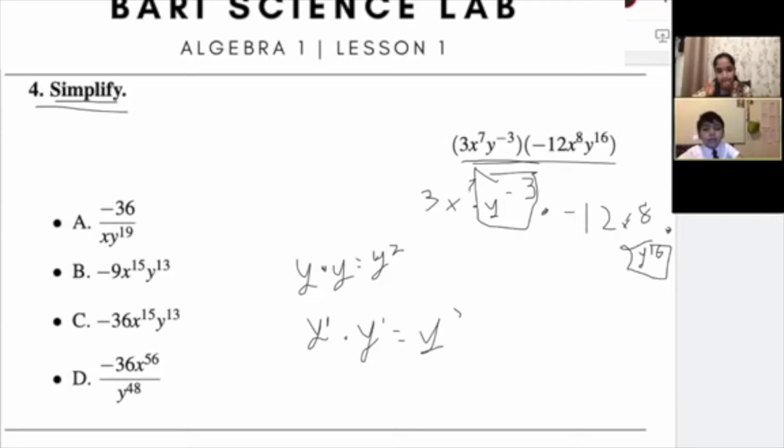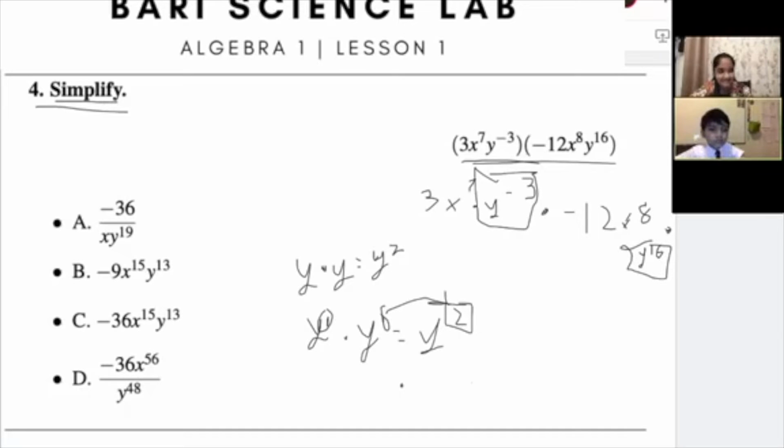Do you know how we get the 2? Because this 1 plus this 1 gets us this 2. It's really simple. Multiplication is like addition for exponents.